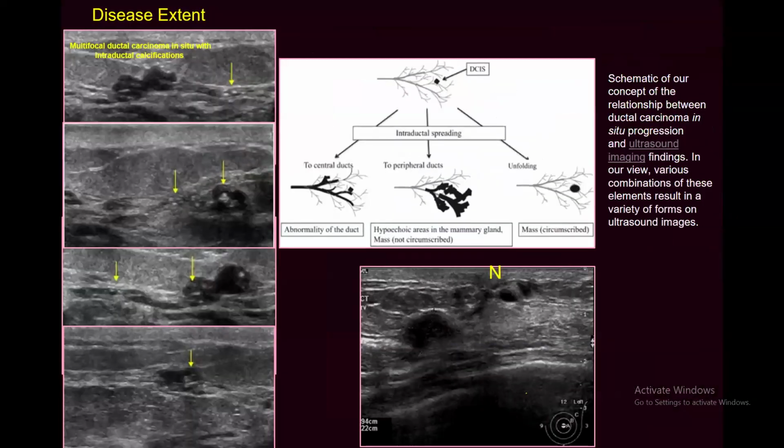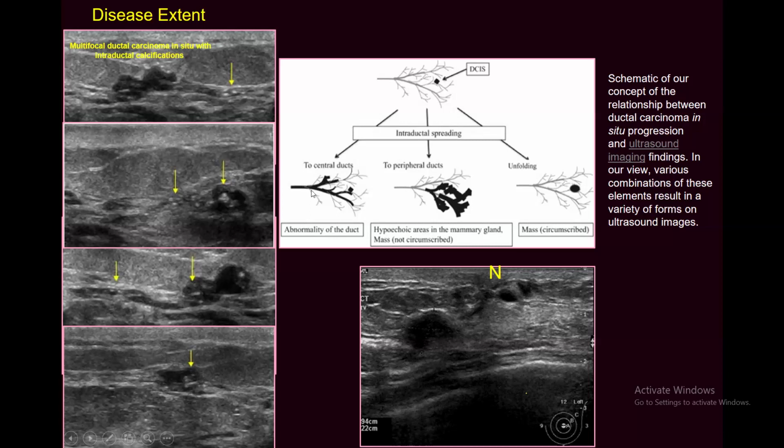Here we can see an example of multifocal ductal carcinoma in situ. You can see the duct significantly dilated at this point, and here less dilated. Definitely here we'll find nuclear grade 3 with this maximum dilatation. This illustration demonstrates DCIS.